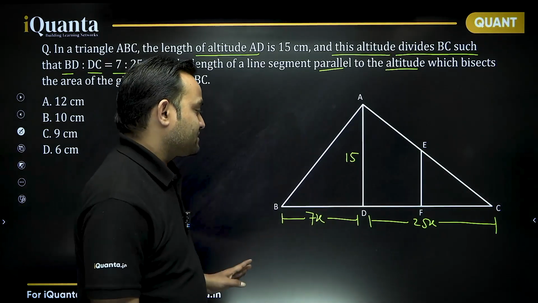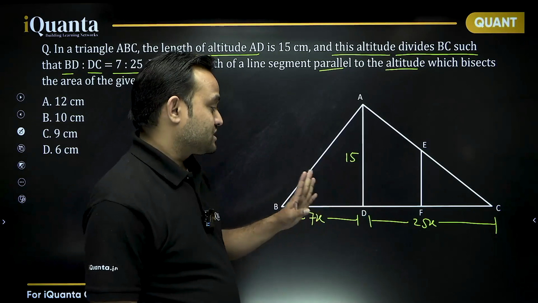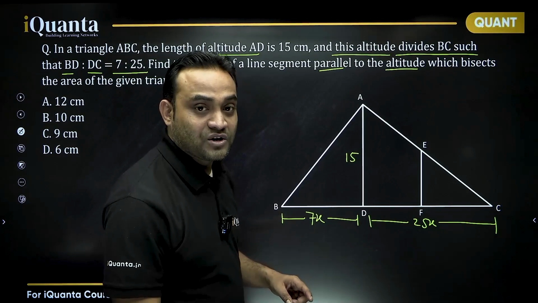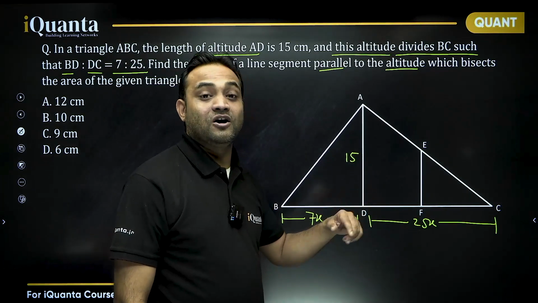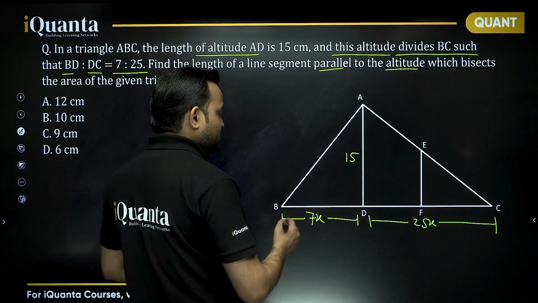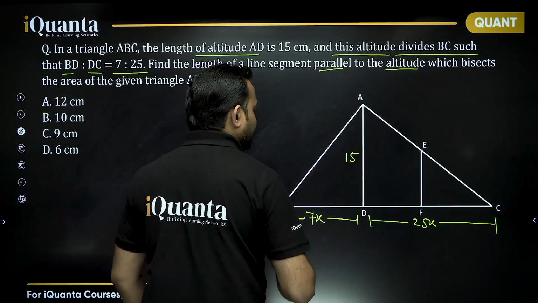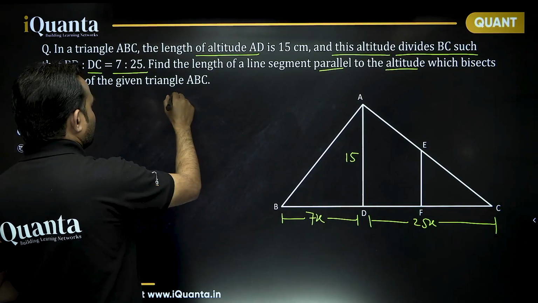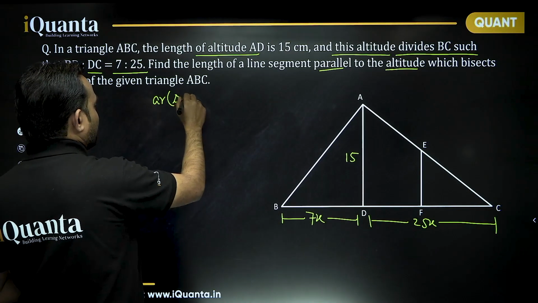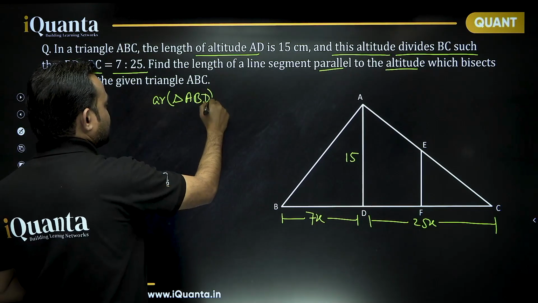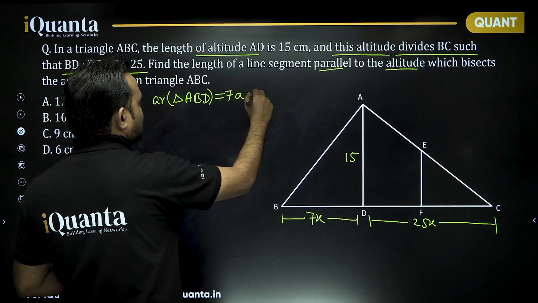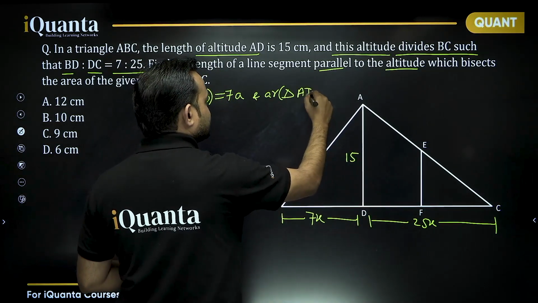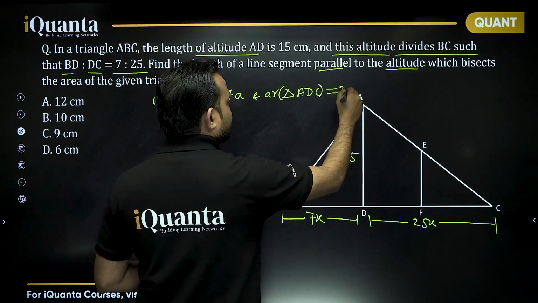Means if I take, see, using the ratio concept, that in a triangle the ratio of the base is equal to the ratio of corresponding area of triangles, right? So can we say area of triangle ABD, if I take area of triangle ABD is equal to 7A, and area of triangle ADC will be equal to 25A.